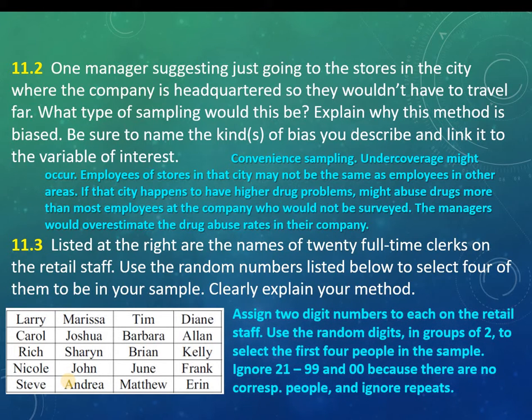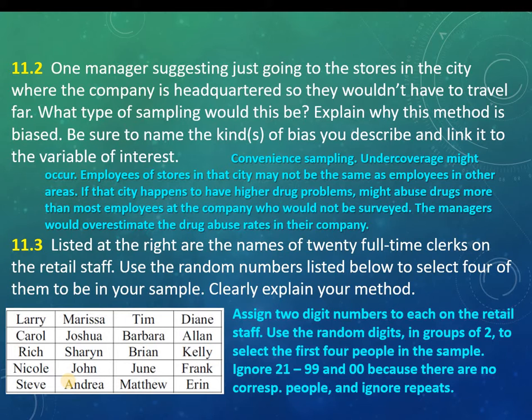So what I've got here, you want to make sure that you clearly indicate, this is very much like a simulation. How many digits are we talking about? 2 digits. And it says use the random digits in groups of 2 to select the first 4 people in the sample. Ignore numbers 21 through 99 and 00 because there are no corresponding people, and ignore the repeats.